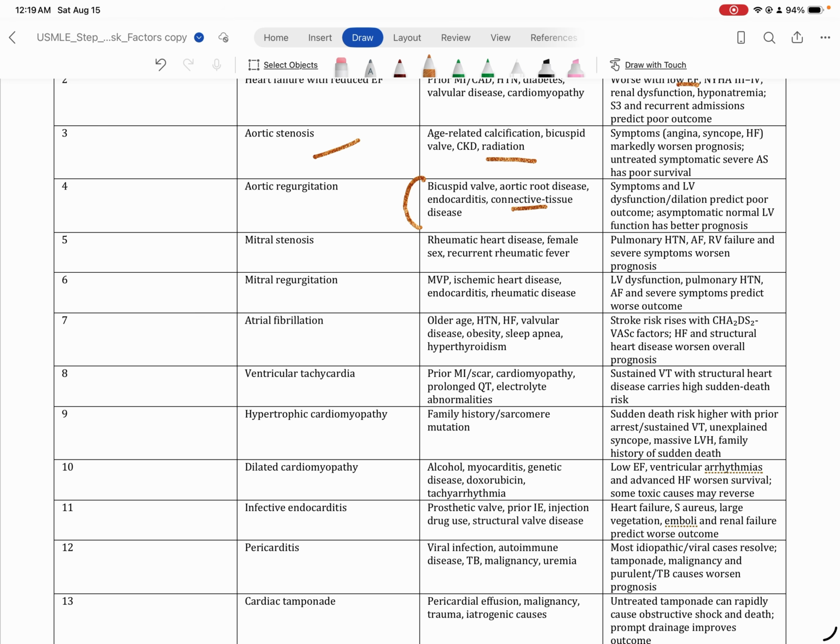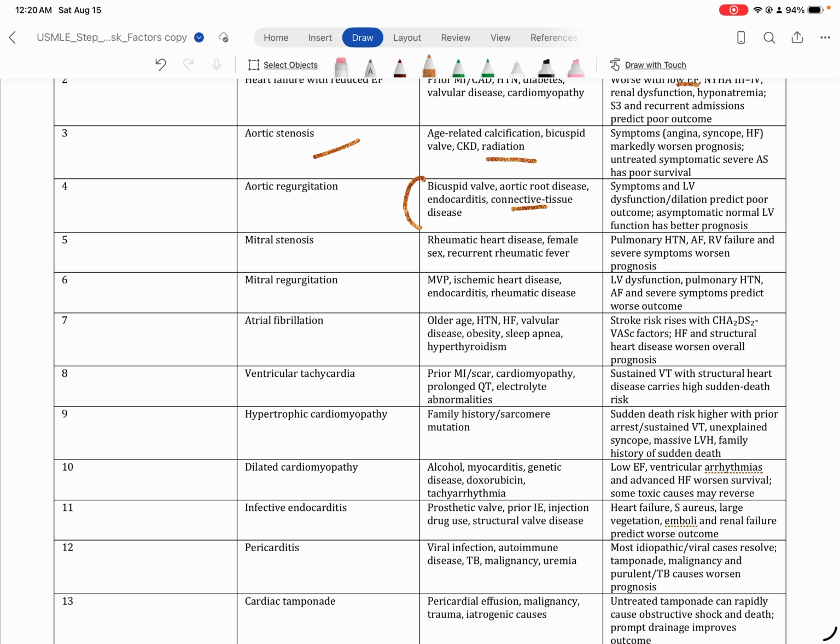Moving on, prognosis is symptoms versus the actual pathology. Symptoms with left ventricle dysfunction and dilation predict poor outcome. If patients are asymptomatic and have normal left ventricle function, that has a relatively better prognosis. So remember, aortic regurgitation presents in midlife, like in the 40s and 50s.